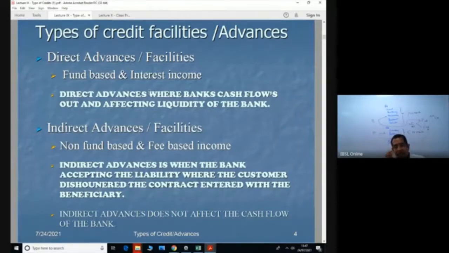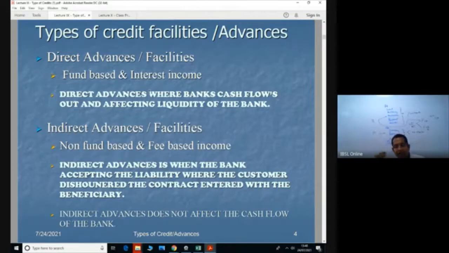What is an indirect facility? An indirect facility is a facility where there is no cash flow out. The bank takes a responsibility on behalf of a third party. If the third party defaults, the bank takes the liability on behalf of the third party, right? An example is a bank guarantee.